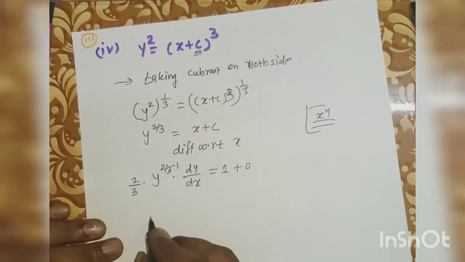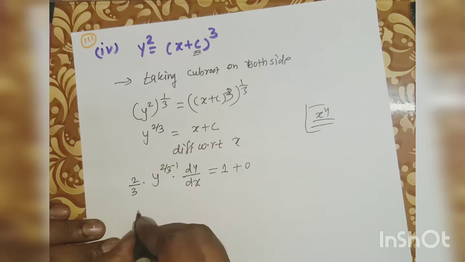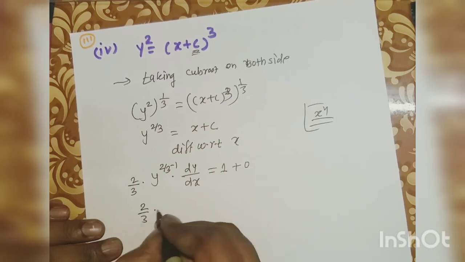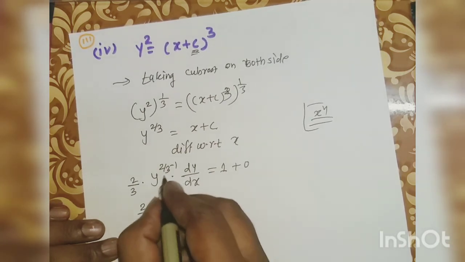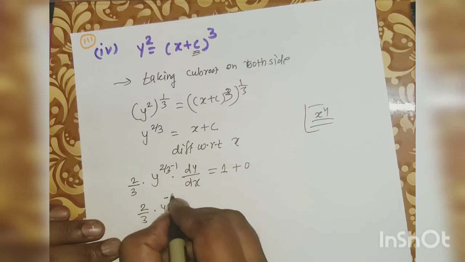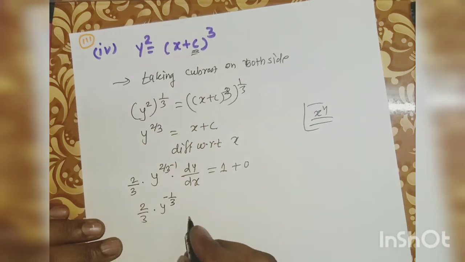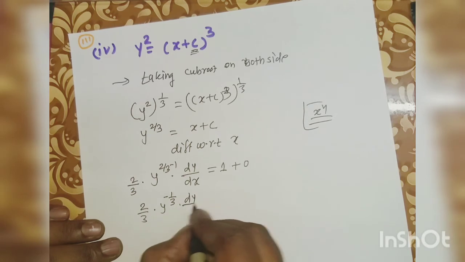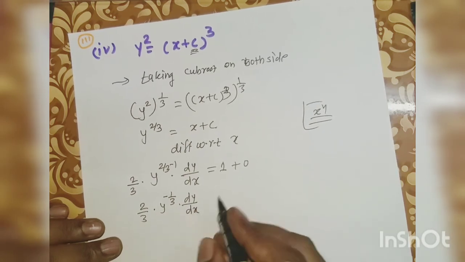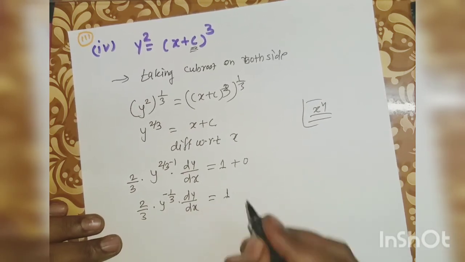Then 2 by 3 into y raised to minus 1 by 3 dy by dx is equal to 1.